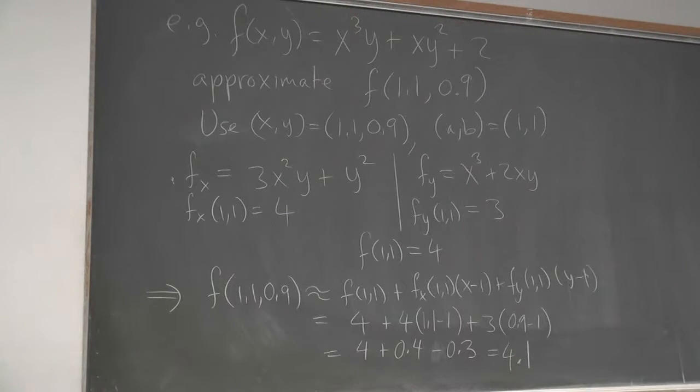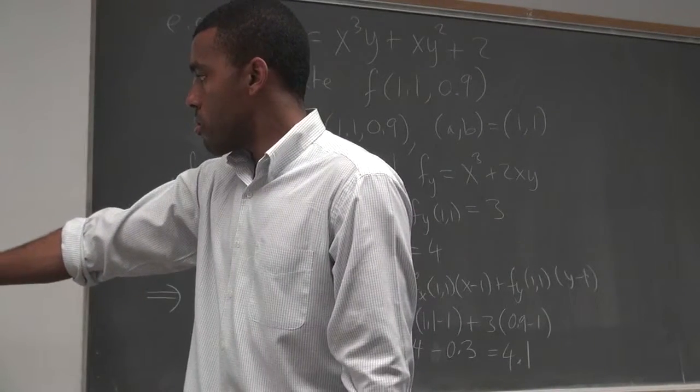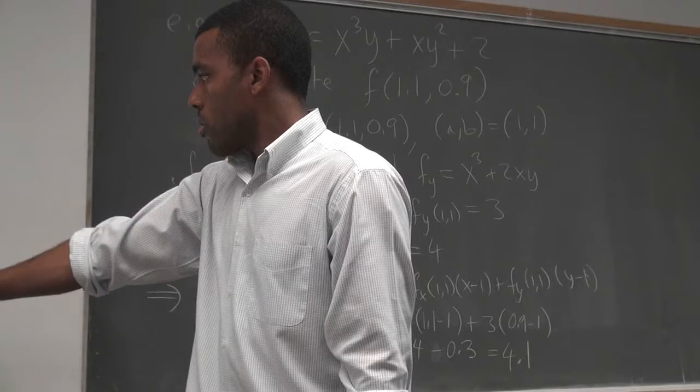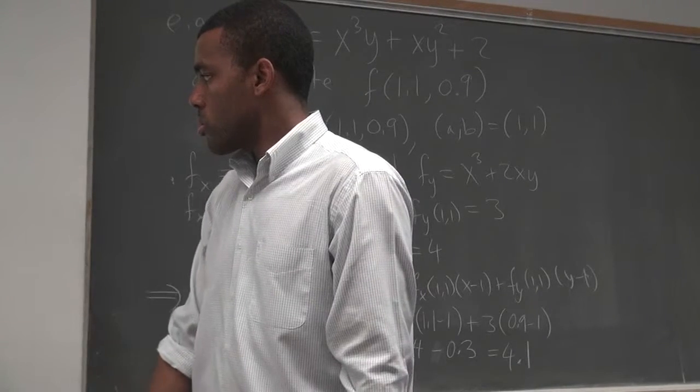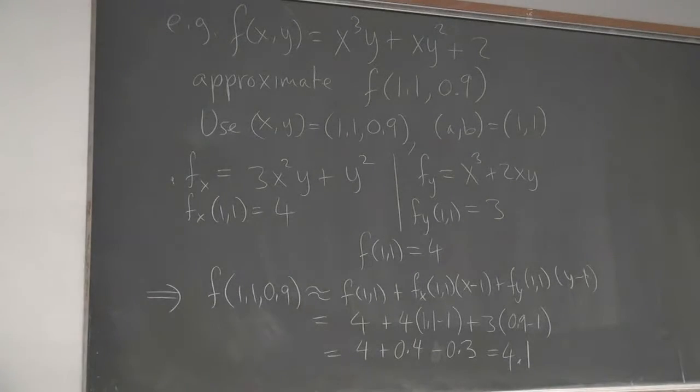Shouldn't this be 1.82? What, you mean over here? Yeah. No, because it's 2 plus 0.2, which is 2.2. Minus 0.02, which you can think of as 2.20 minus 0.02, and then 20 minus 2 is 18.